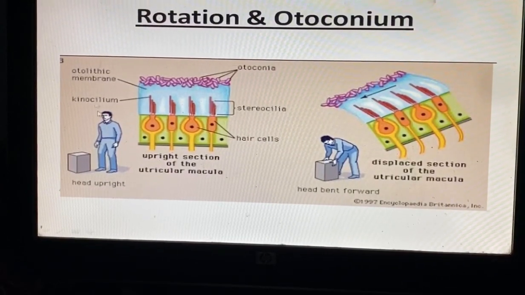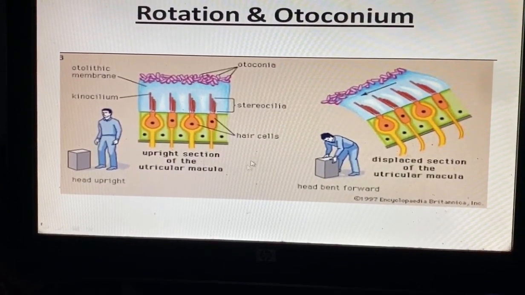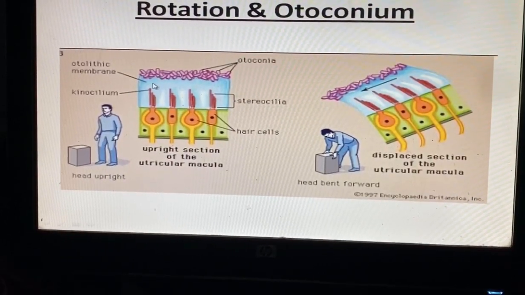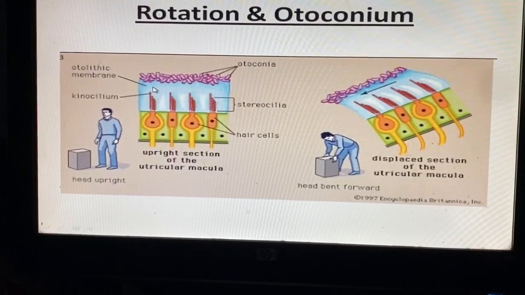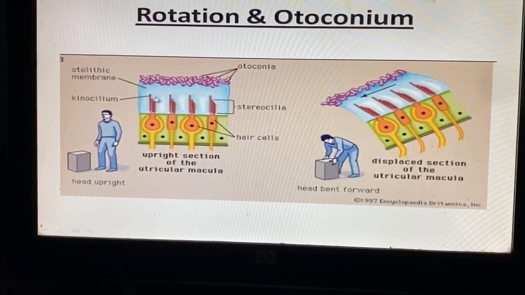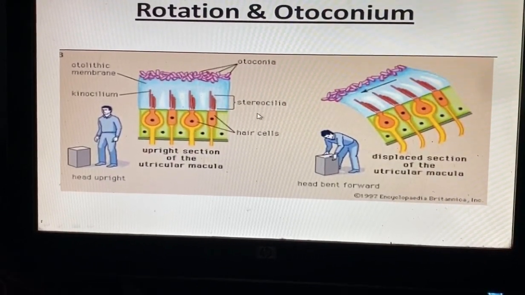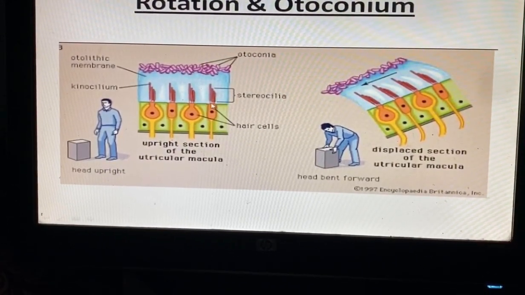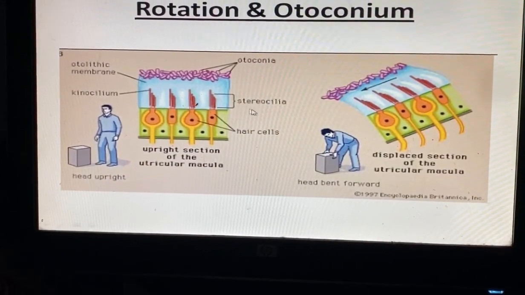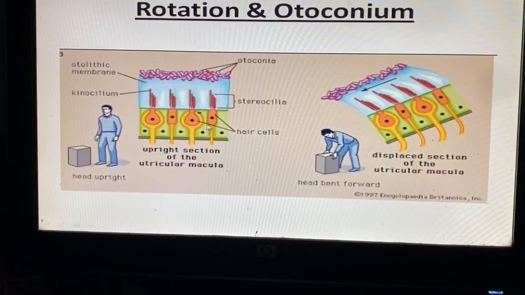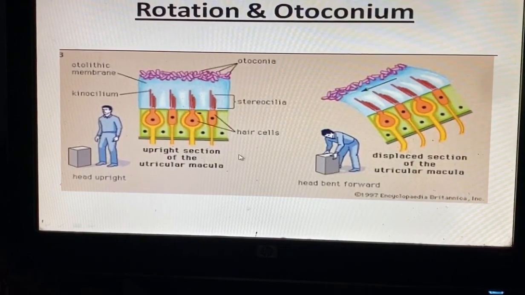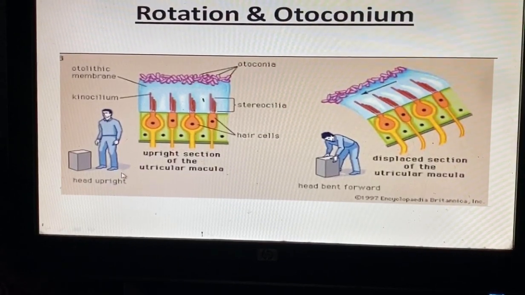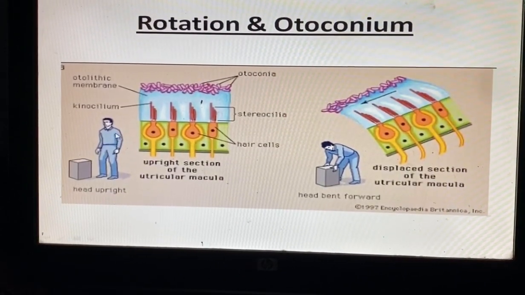This is the basic structure of otoconia, which is the crystal structure, and otoconia cover the otolithic membrane, which is the thick gelatinous substance, and some cilia are found at the tip of the sensory hair cells called the stereocilia, and these are the hair cells which are in upright condition when the person is presenting in the upright position.